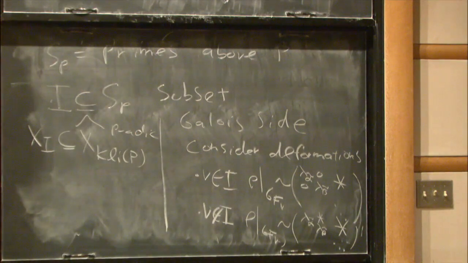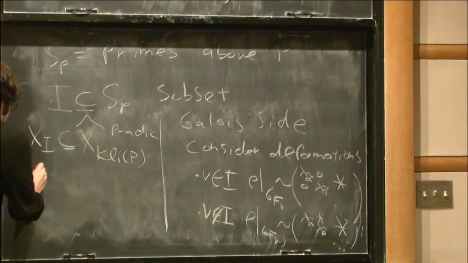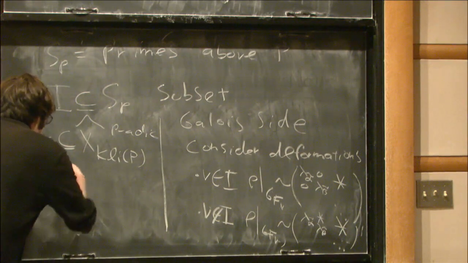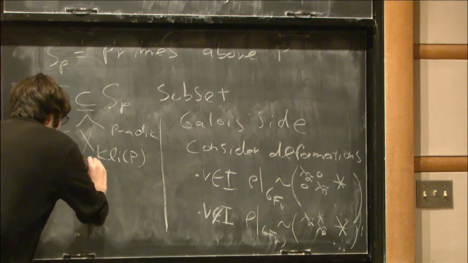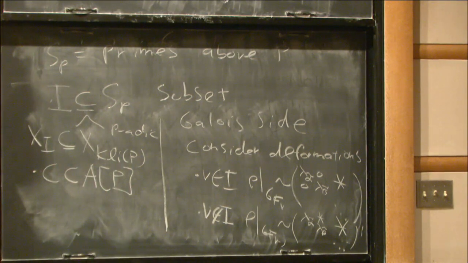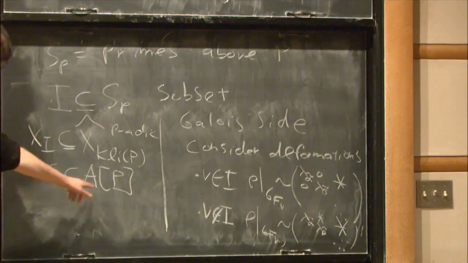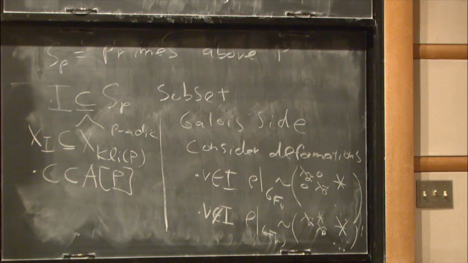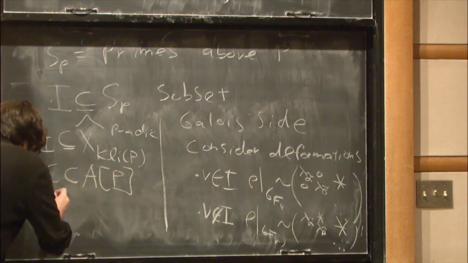And this Klingen level structure is asking that you have a universal subgroup C inside the p torsion, and you ask that this be multiplicative.